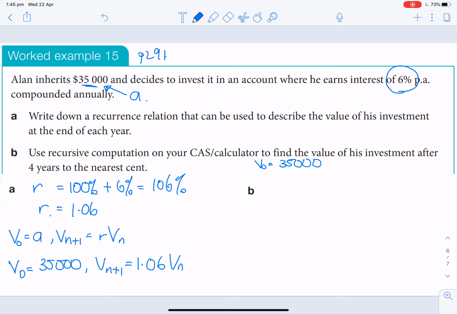Now I don't have any answers here already, so excuse me for taking my time on this. V of 1 is equal to 1.06 by 35,000.